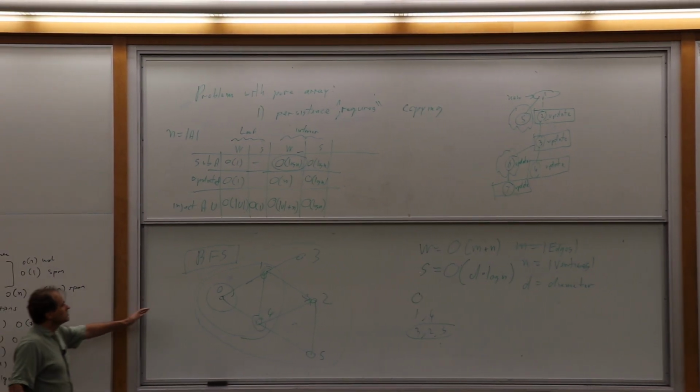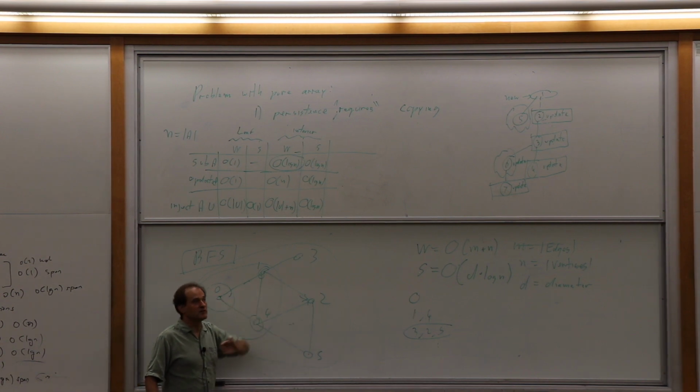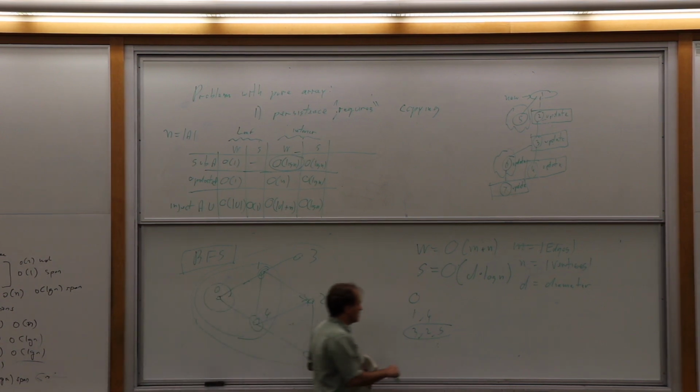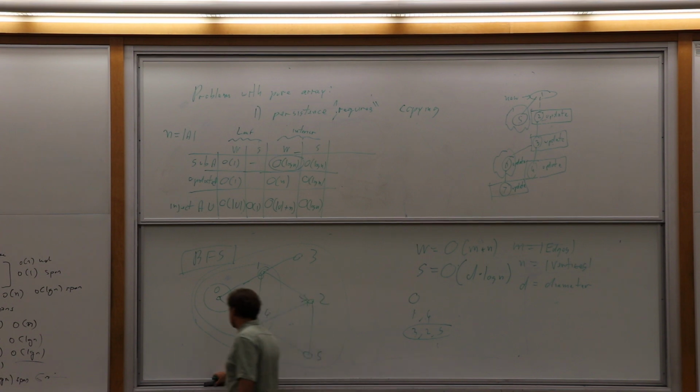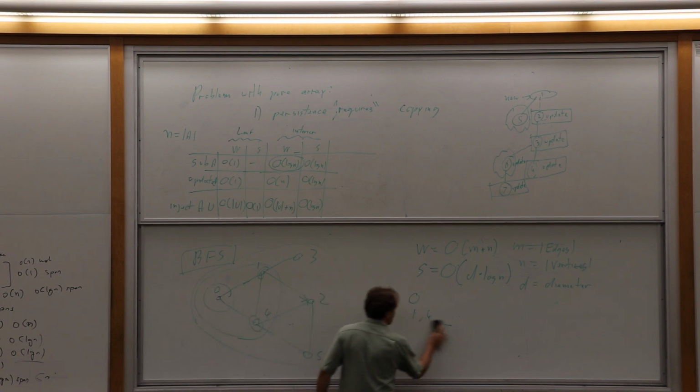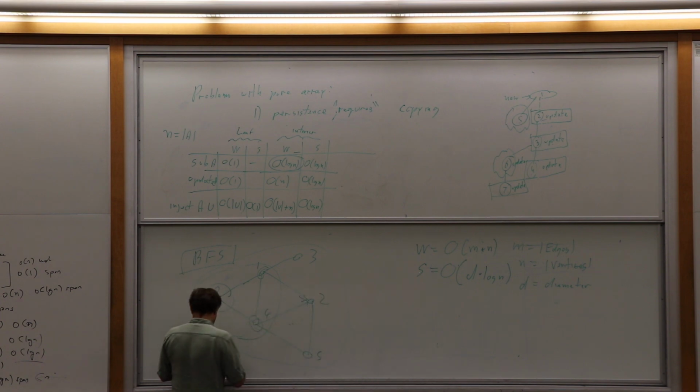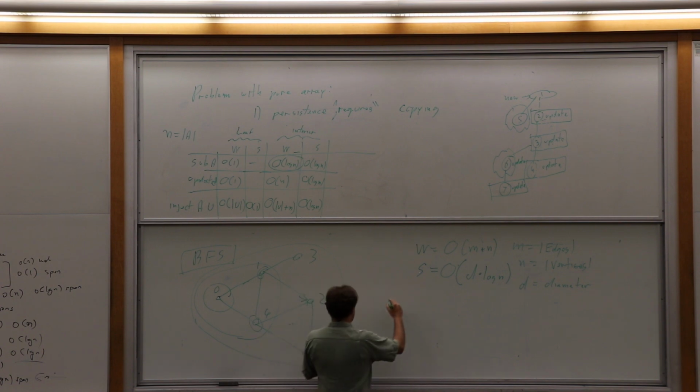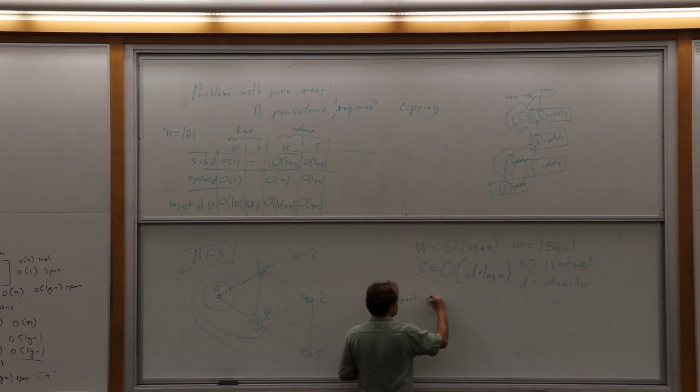Okay, so the goal is then to basically be able to do this level by level. And there's a few challenges we have to meet. So what we're going to do is repeat over levels.